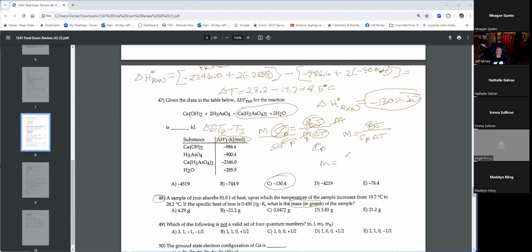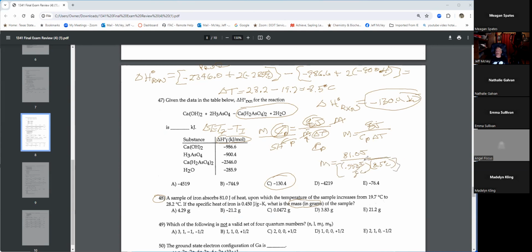Mass equals Q, 81 joules, divided by specific heat, 0.450 joules per gram Celsius times the delta T, which we just figured out was 8.5 degrees C. Make sure that all the units cancel.